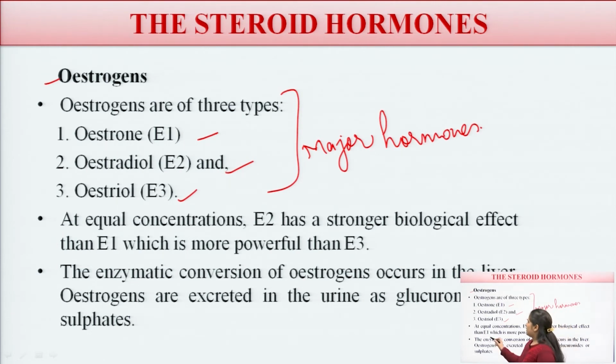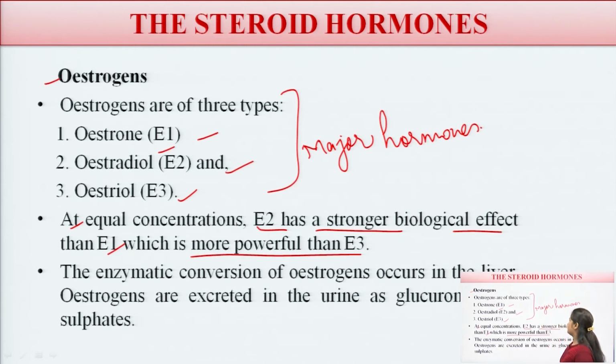Now, at equal concentration, E2, estradiol, has a stronger biological effect than E1, estrone, which is more powerful than E3, estriol.